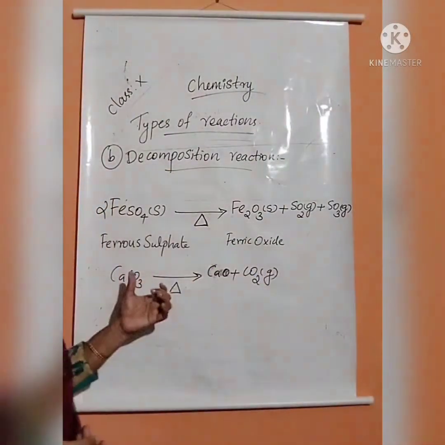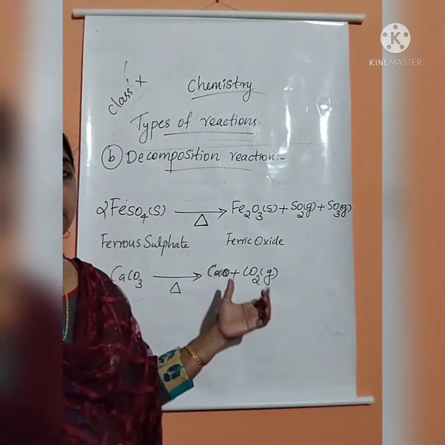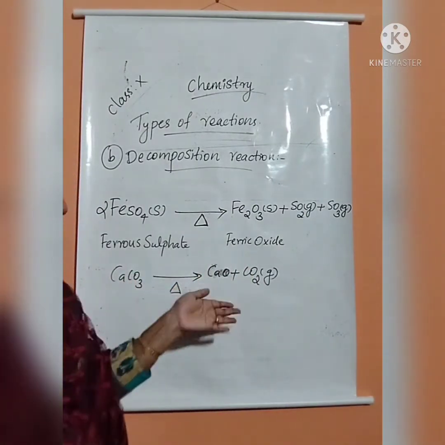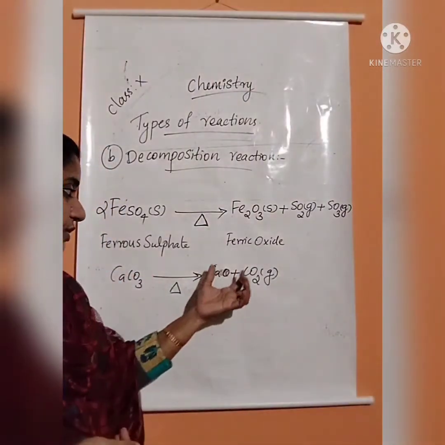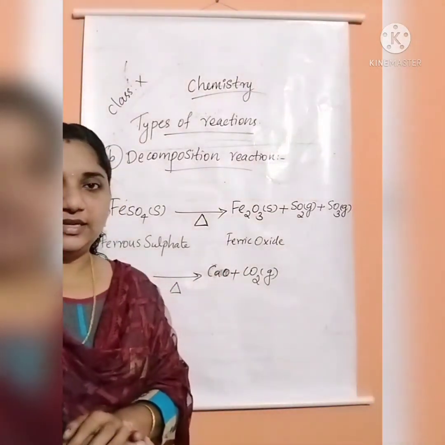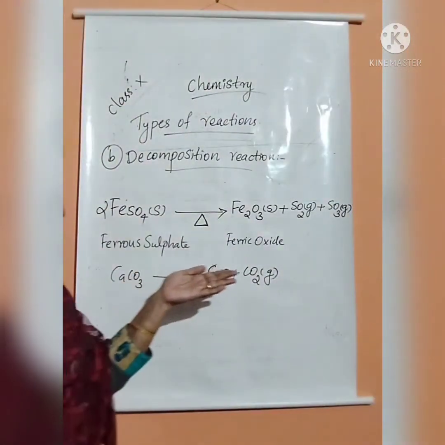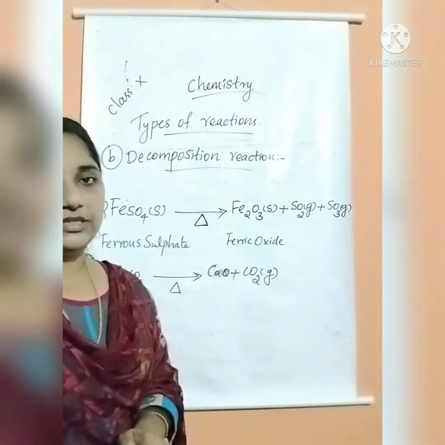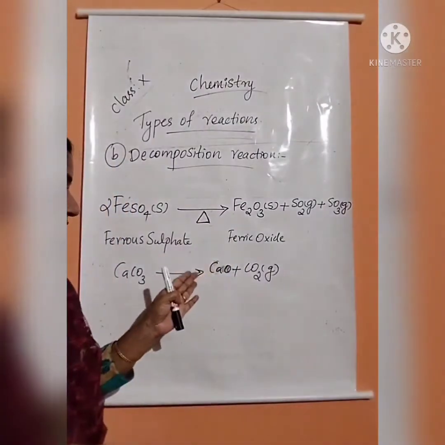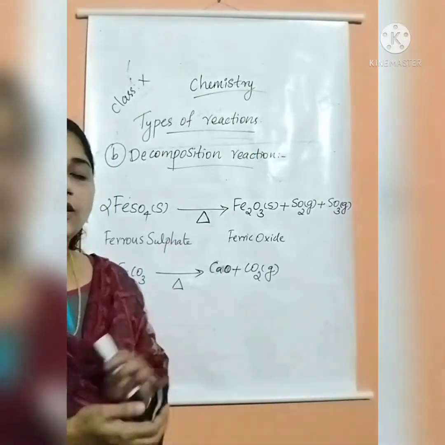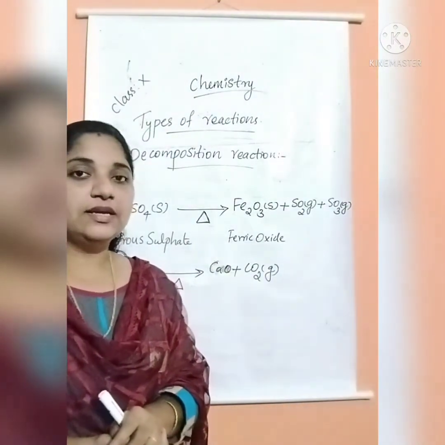Listen here, this is a very important decomposition reaction. When we heat calcium carbonate, it decomposes into calcium oxide and carbon dioxide gas. Children, listen here. The reaction happens only by heating.